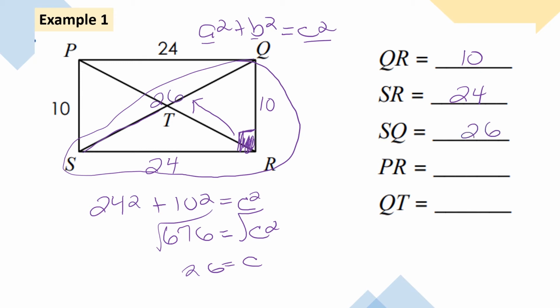So since PR is a diagonal, remember diagonals are also congruent in a rectangle. PR will also be 26. And QT, the diagonals also bisect each other because remember a rectangle is also a parallelogram. So each one of these lengths, PT, TQ, TS, all of them will be 13. So QT would be 13. And so we found the measure of each one of these segments here.